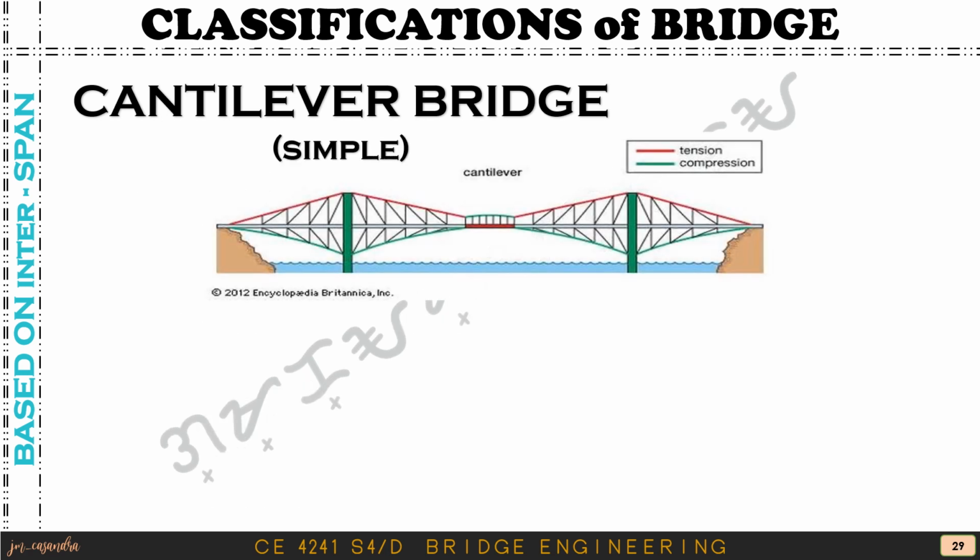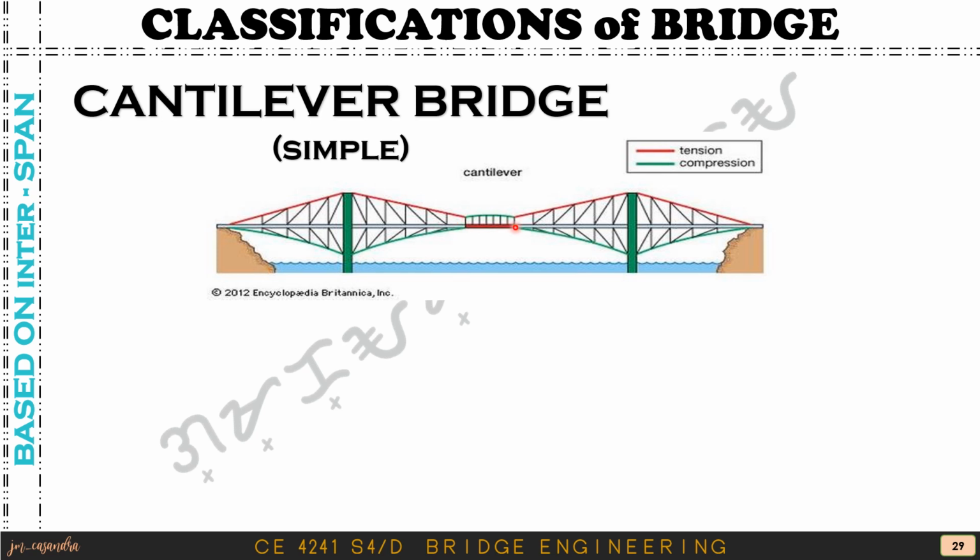So here is a diagram of a simple cantilever bridge, wherein we have two cantilevers coming from both ends of the bridge that would meet up at the center. There is a connection between them, which is called the suspended part of the bridge.